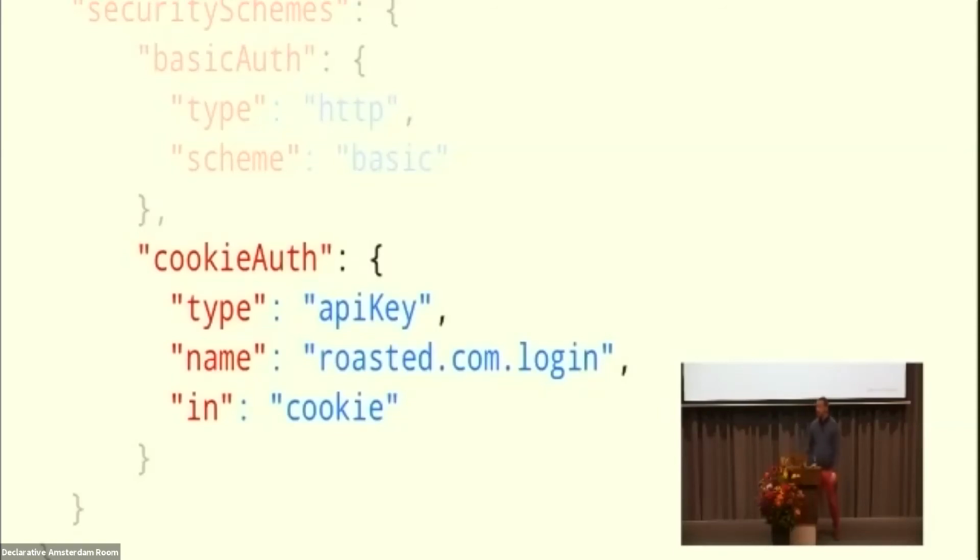Cookie authentication is also supported. And here, especially interesting is that it's in a cookie. It's of type API key. I don't know, likely there's more to that. But here for us, interesting is the name. So for anybody using eXist-db, there's this concept of login domains where you say, I'm logging into that specific application.